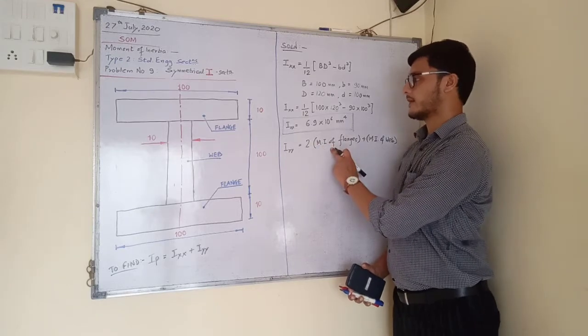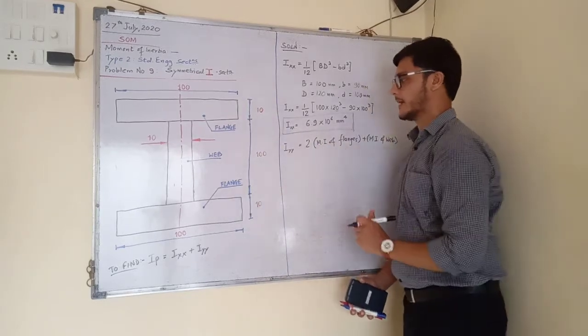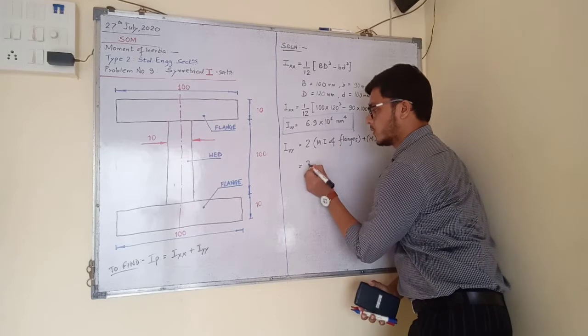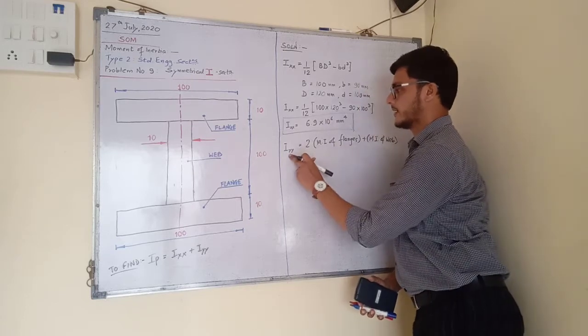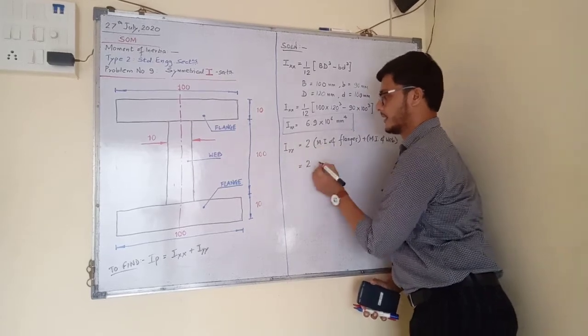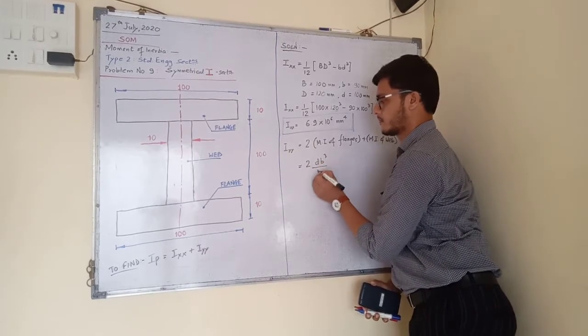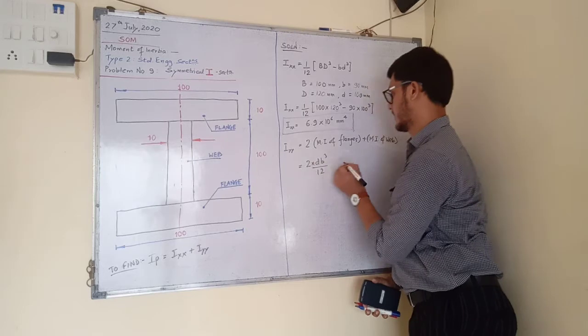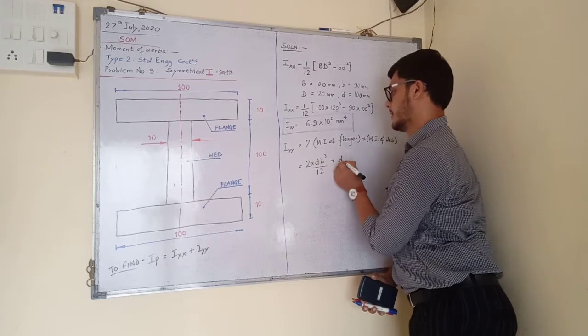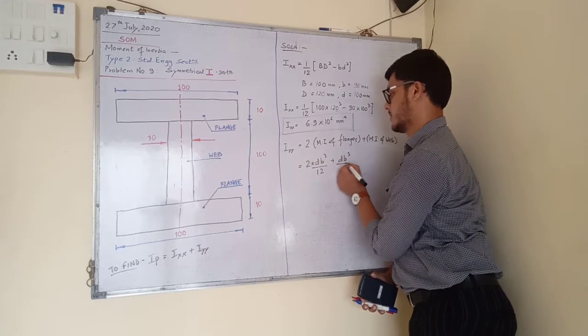2 times of moment of inertia of flanges because both the flanges are of same dimension. So 2 into moment of inertia Iyy of flanges will be dB cube by 12 plus for web dB cube by 12.